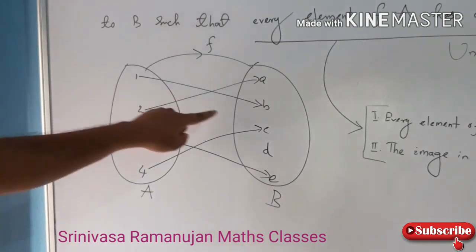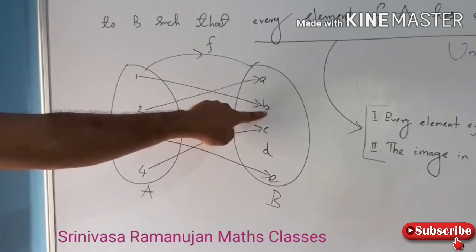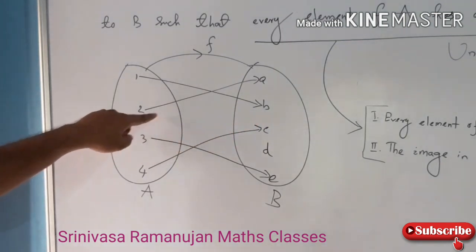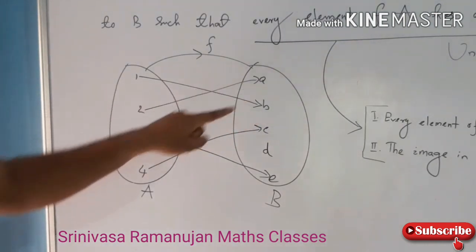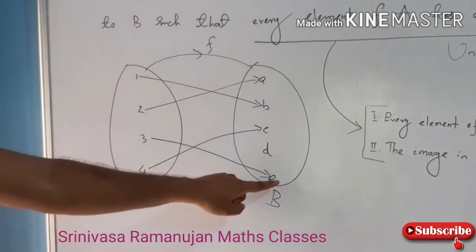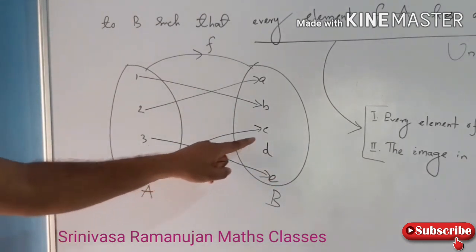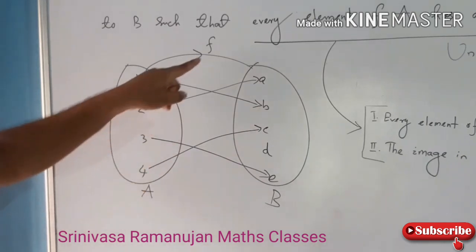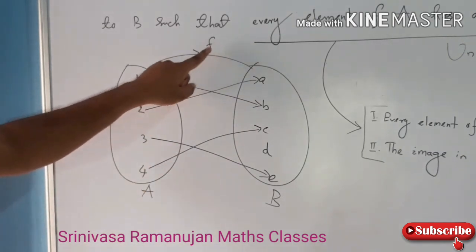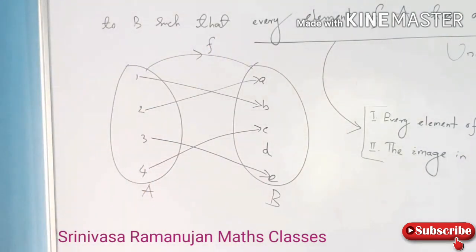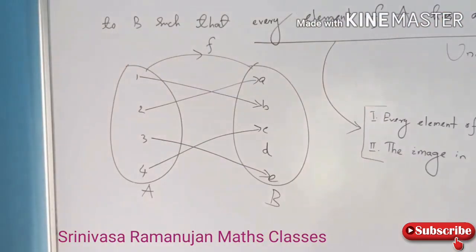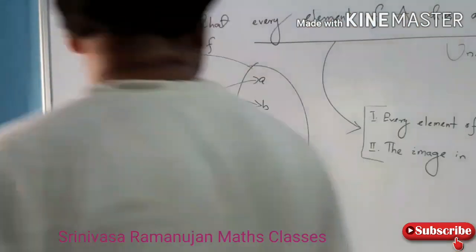So 1 has only one image B. Similarly 2 has only one image A, 3 has only one image E, and 4 has only one image C. So therefore this relation f is a function.